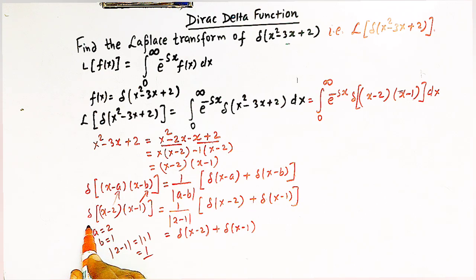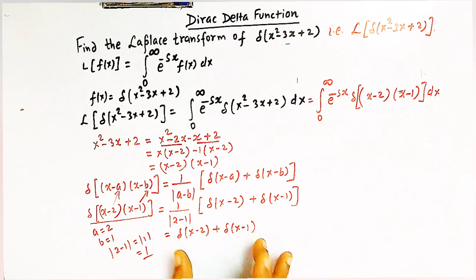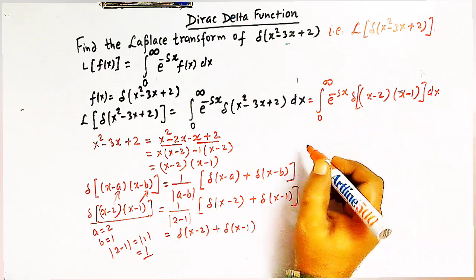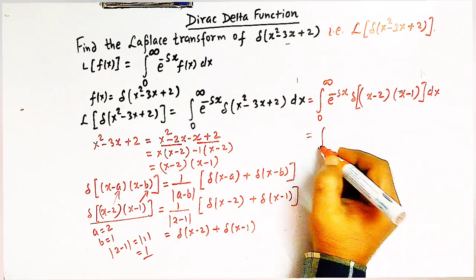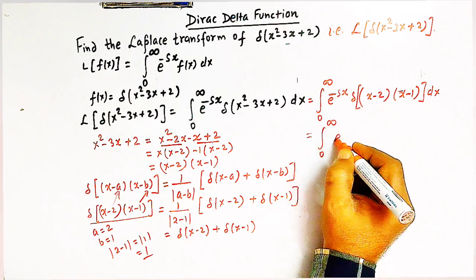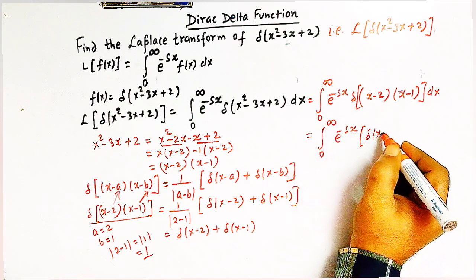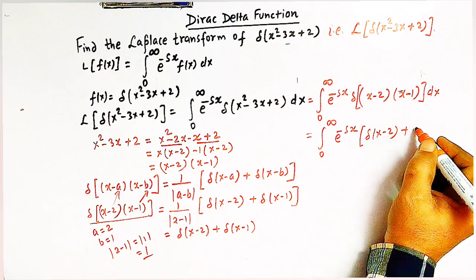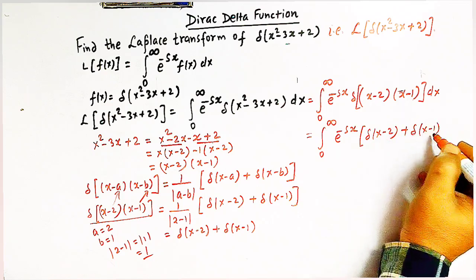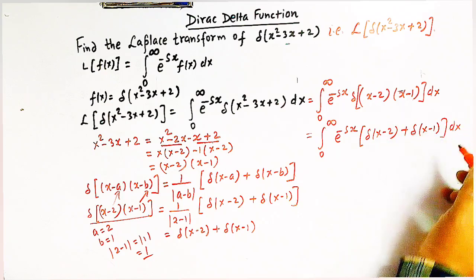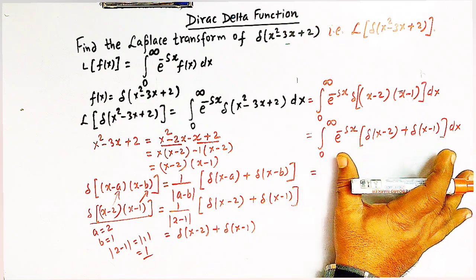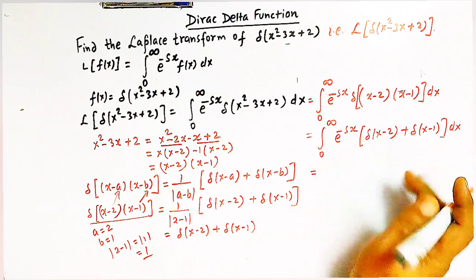So let us substitute the value of this expression in this integral. So we have now 0 to infinity, and then we can write here delta of x minus 2 plus delta of x minus 1, and here we have dx. So let us write this integral as a sum of two integrals.